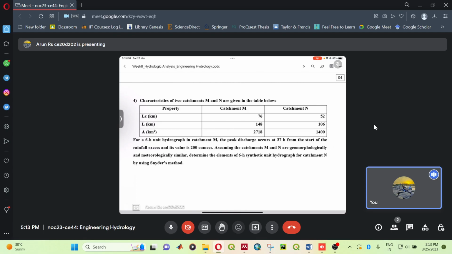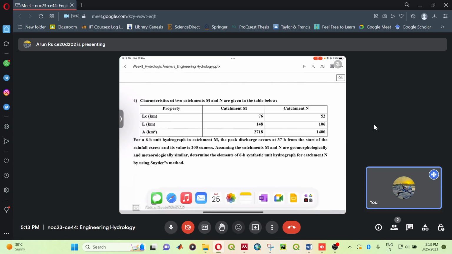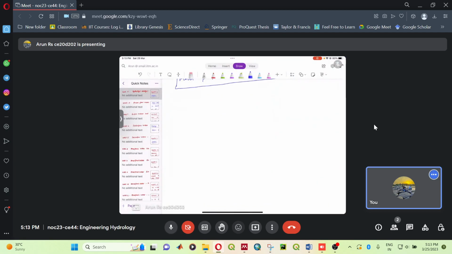Assuming that the catchments M and N are geomorphologically and meteorologically similar, determine the element of a 6-hour synthetic unit hydrograph for the catchment N by using the Snyder's method. So we'll see how to solve this question.